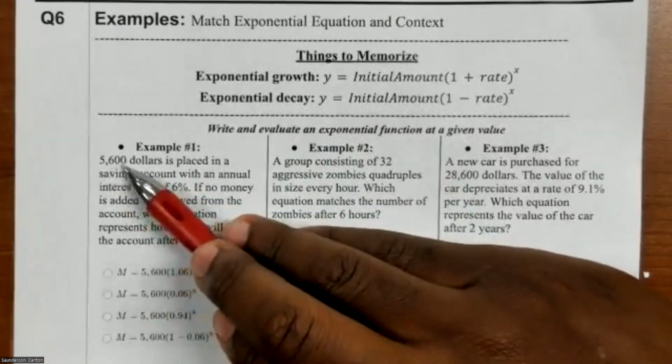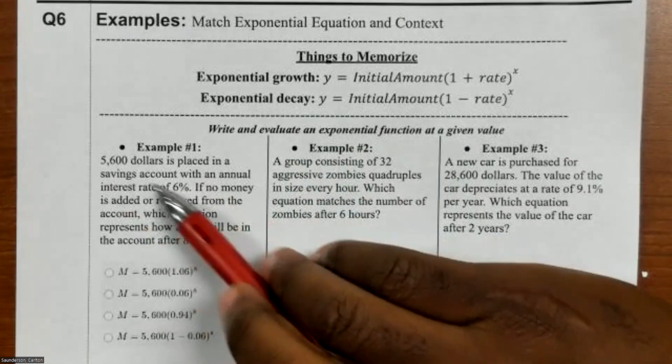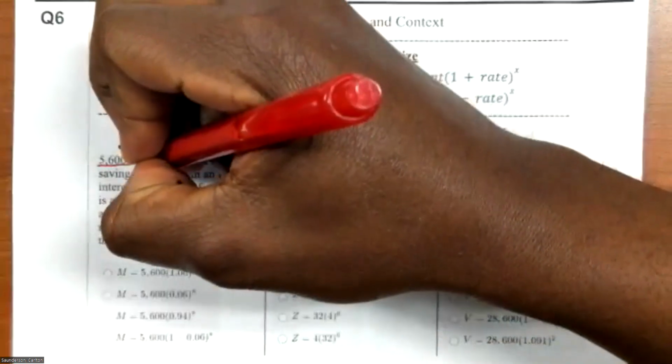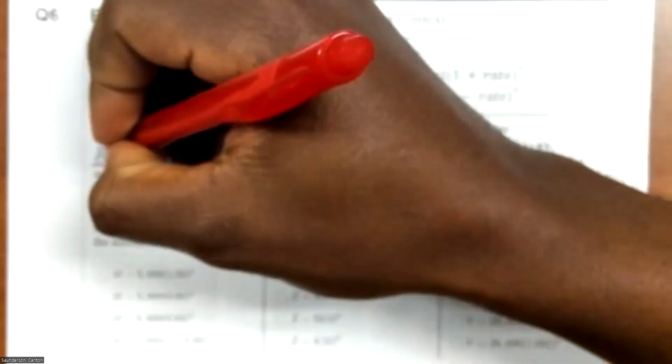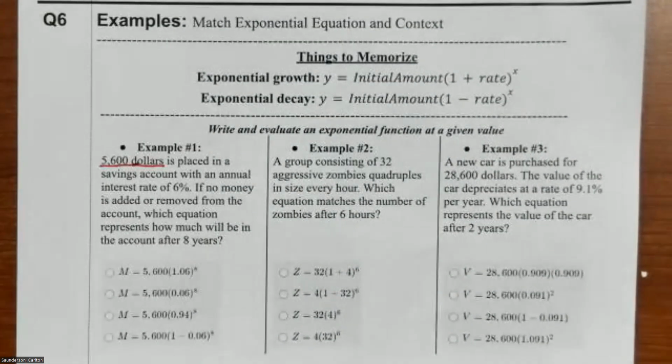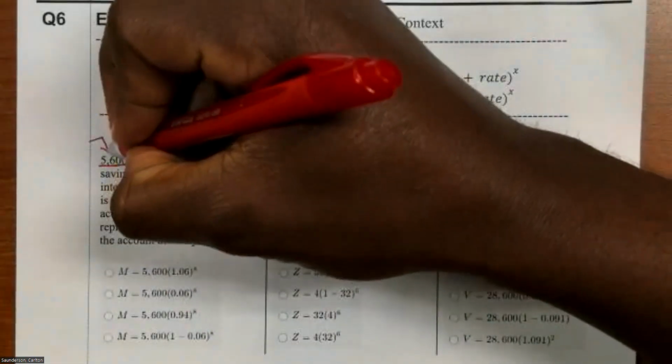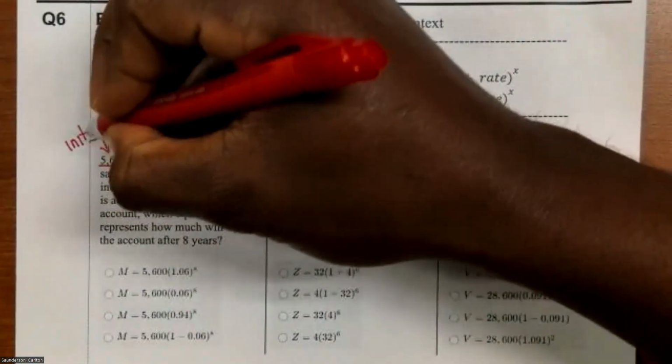It says $5,600 is placed in a savings account with an annual interest of 6%. This $5,600 is the amount that was placed in the account before any change, so that would represent what your initial value is.